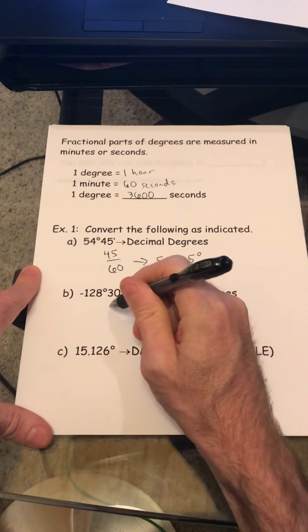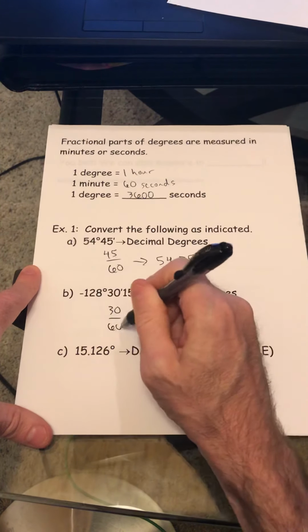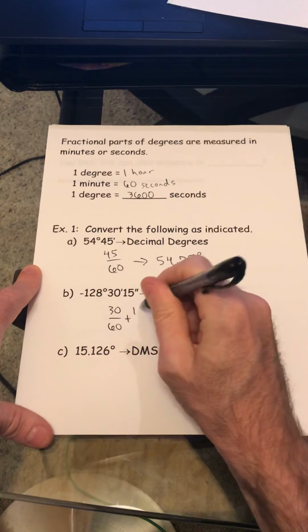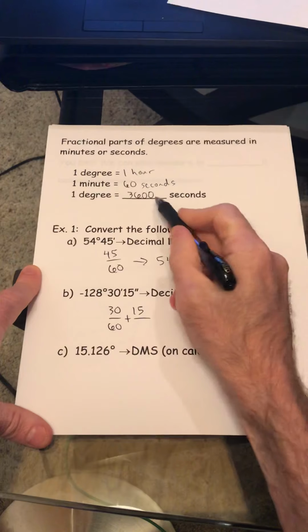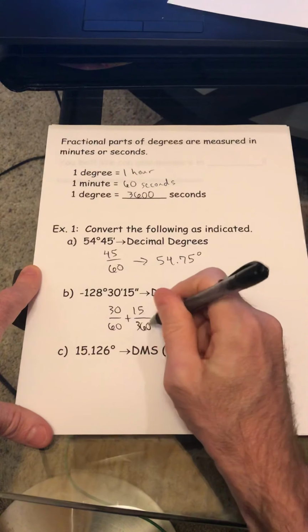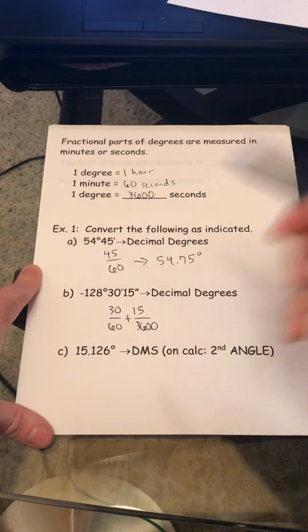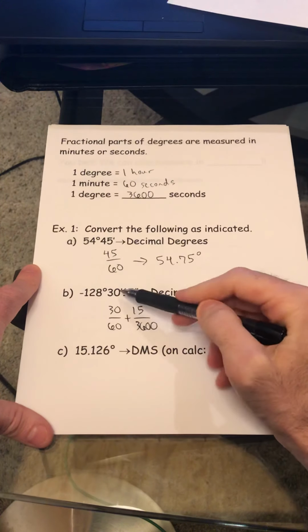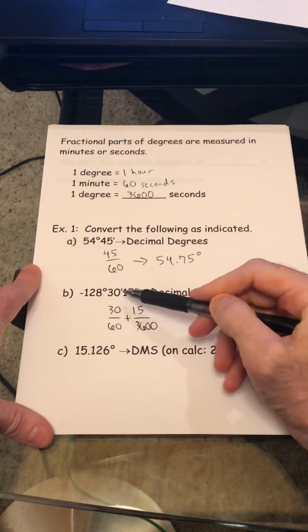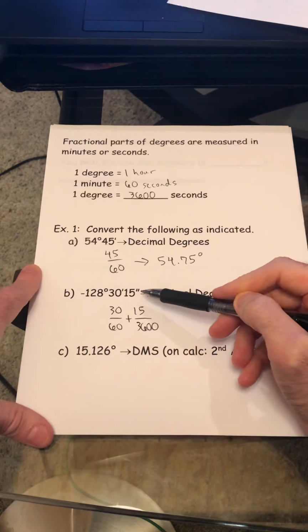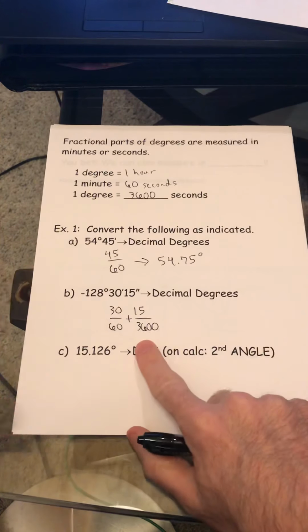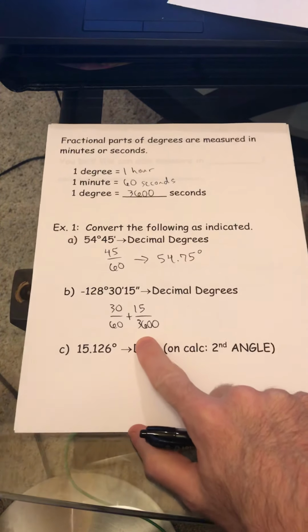Well, for the 30 minutes out of 60, which obviously, yes, is a half, and then the 15 seconds, we use out of 3,600. I know that some of your geometry books may have used the degrees, minutes, and seconds marking. I know one of the geometry books I taught out of about 20 years ago did. I don't know whether or not the more current ones we're using have had this for you guys.